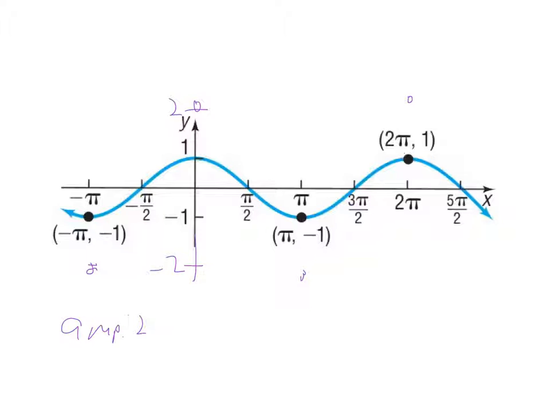So this point 0, 2 would stay the same. This point pi over 2, 0 would now be at pi over 8, 0. This point here at pi, since it's cut down by 1/4, you multiply by pi over 4 and it'd be at pi over 4. This point here at 3 pi over 2 would now be at 3 pi over 8. Would be about right here, halfway between pi over 4 and pi over 2.